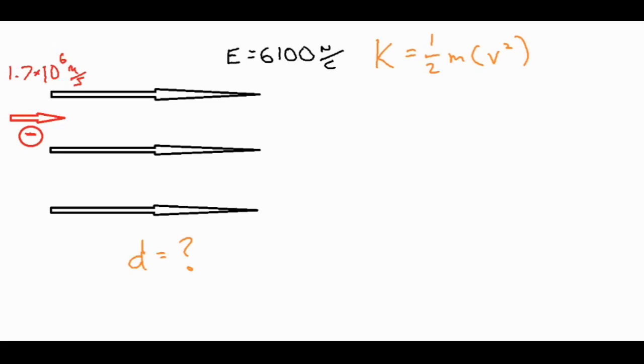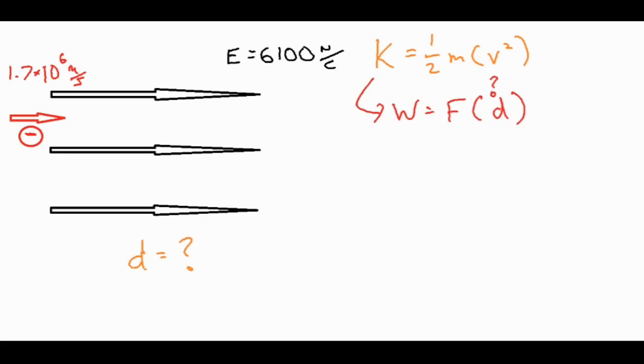It is negative work. It's work being removed from the electron. So eventually, this value of kinetic energy is going to be translated into work, and work is force times distance. Now, the final thing we are looking for is the distance. How far is it going to penetrate into the electric field?